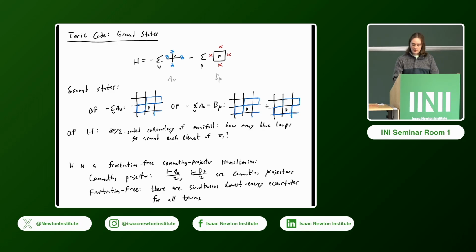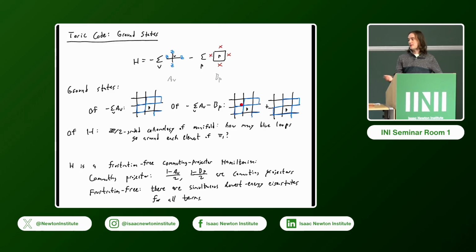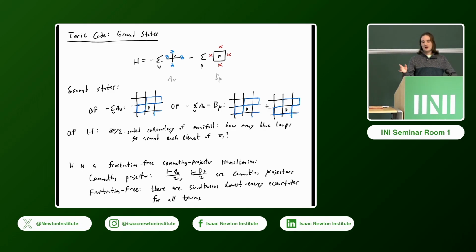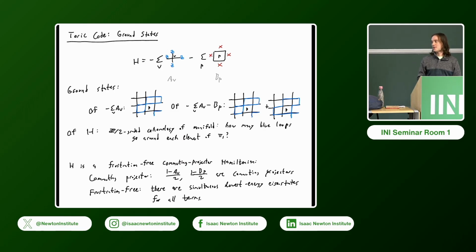And then if I apply B_P on the plaquette P, that switches whether every edge around P is on or off. So it would go from this configuration to this configuration. So in the ground state of B_P, the two configurations exchanged by B_P have to have the same amplitude. And so what this overall means is that I can locally homotope my loops, create and destroy them, and if I can get from one configuration to the other, then in the ground state, those two have to have the same amplitude.